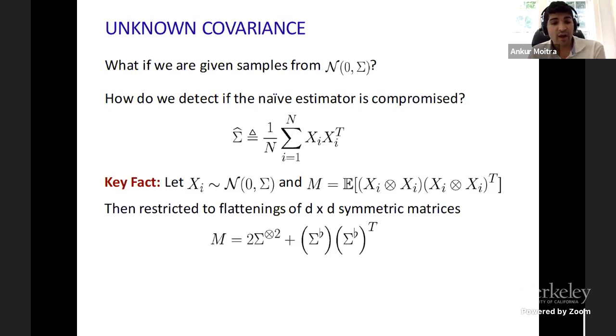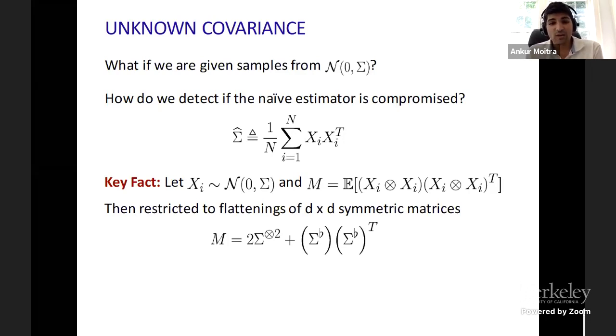So here's the key fact. Imagine you take samples from a Gaussian sigma, and if we're trying to detect whether the empirical second moment has been compromised, the natural thing to do is to use the fourth moment as a test. Now, the fourth moment would be a tensor, but tensors in some cases are actually hard to work with. The problem we're talking about is not a tensor decomposition problem, it's something else.